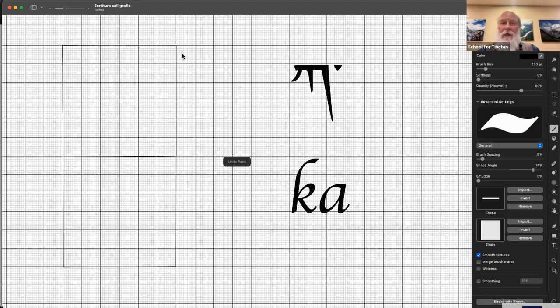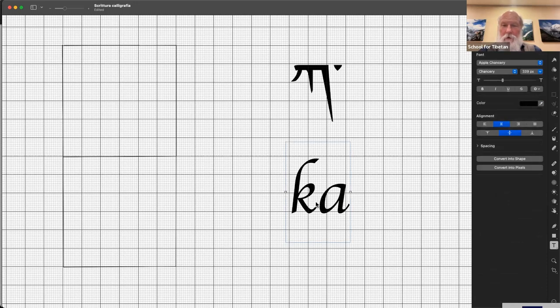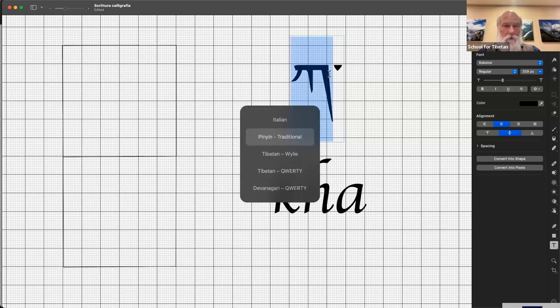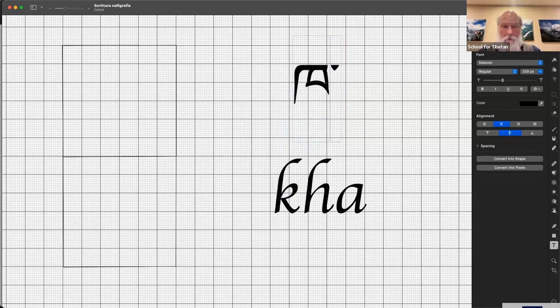Let's see the second letter. It would be the same sound with the addition of an aspiration, which in transcription is represented with an H. Kha. The font is this one.